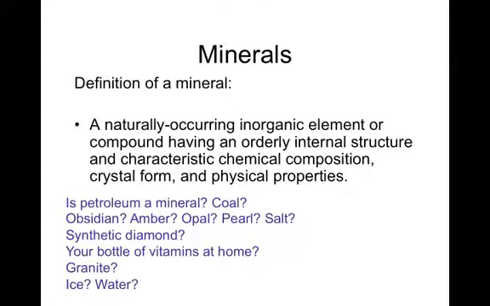Opal is actually a hydrous form of silica and does have a structure, but it's not crystalline like quartz is. So it doesn't count as a mineral either. Pearl? Is pearl naturally occurring? Yes. Is it inorganic?